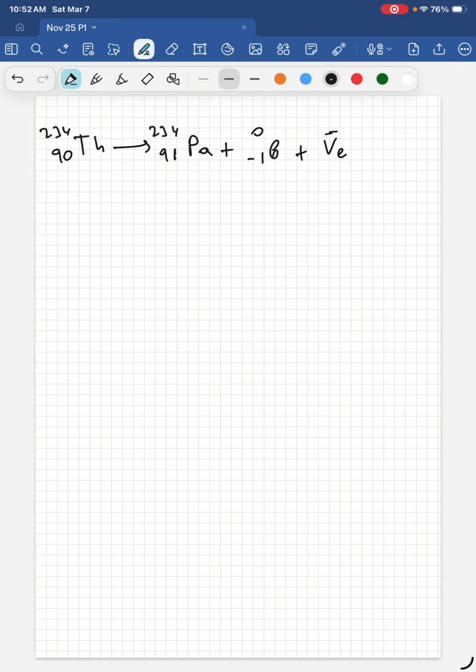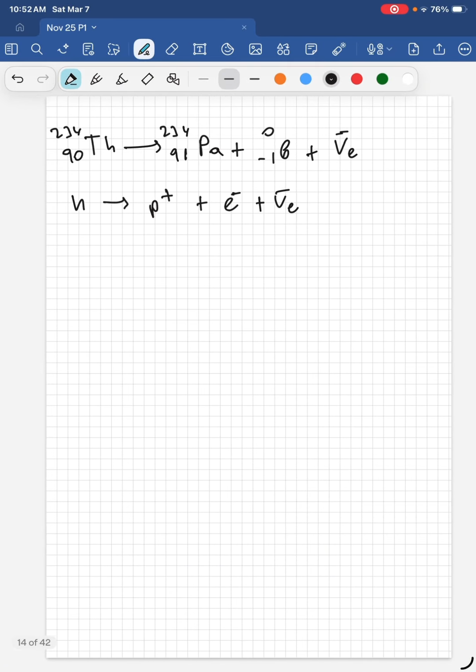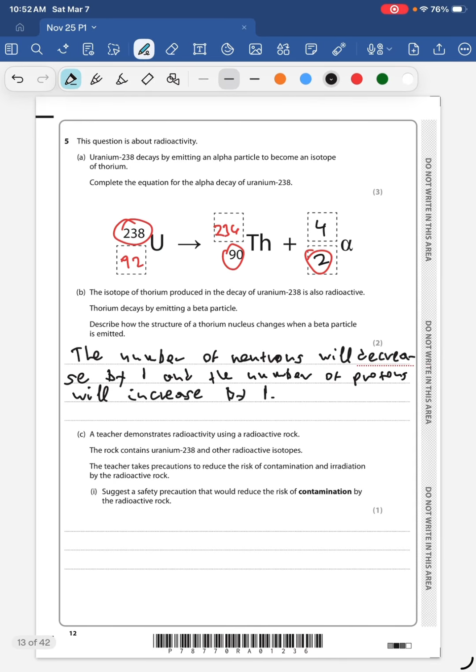And the underlying reaction is that a neutron decays into a proton plus an electron plus a neutrino. You will learn about this in your future life, so your future self will know about this.